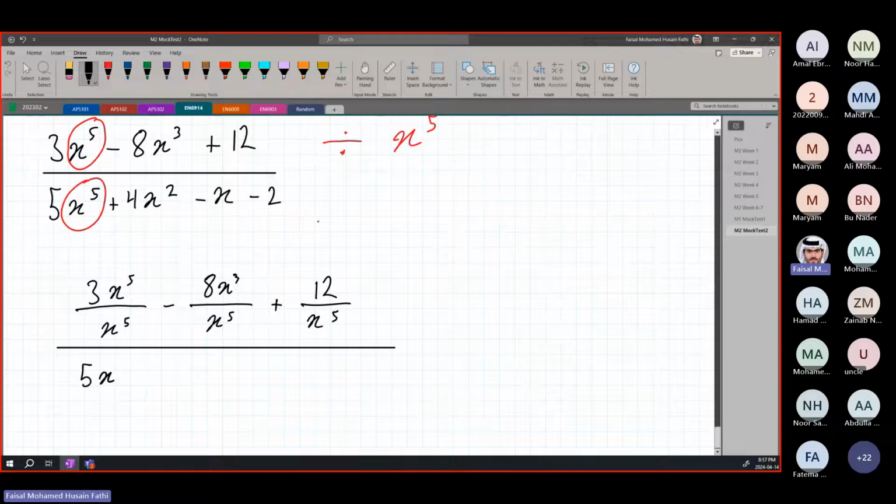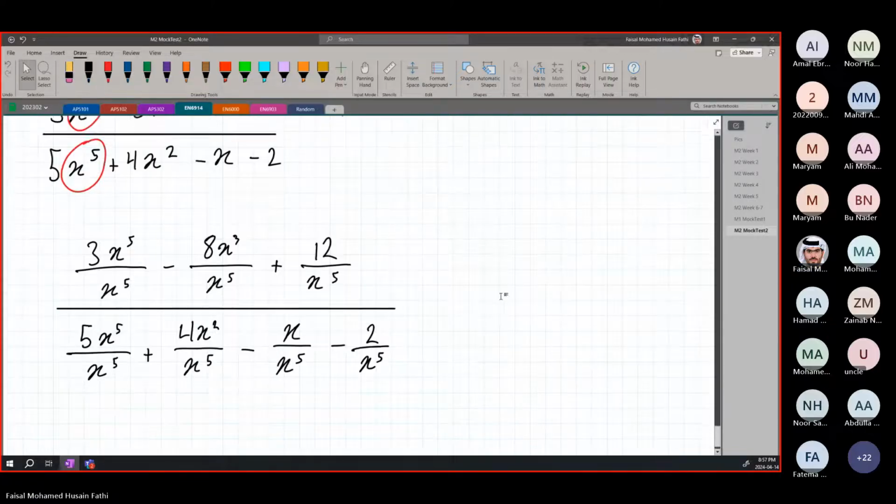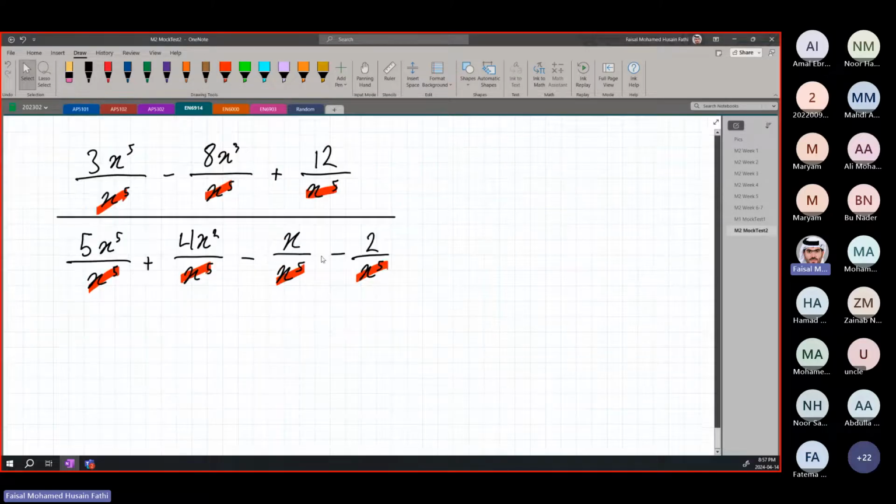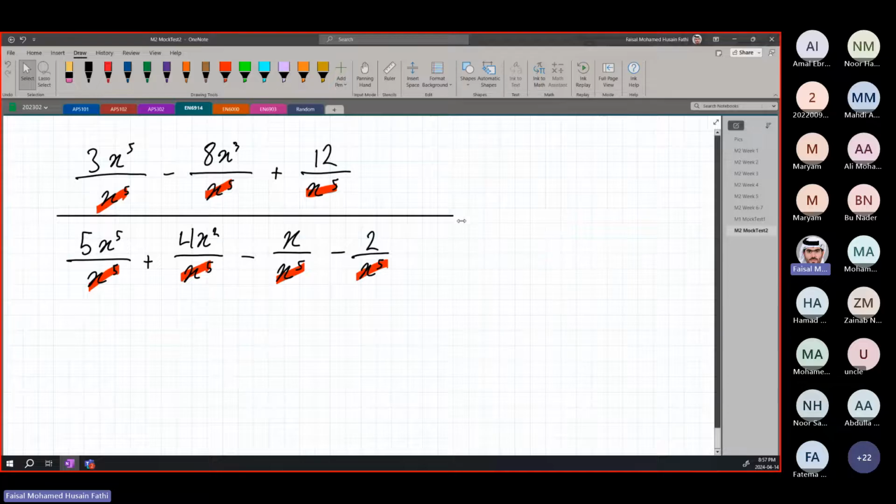So 5x power 5 divided by x power 5 plus 4x squared divided by x power 5 minus x divided by x power 5, minus 2 over x power 5. So this is the first step. We're going to be dividing everything by x power 5, every single component of both the numerator and the denominator. Okay? So once we do that, now we can simplify.